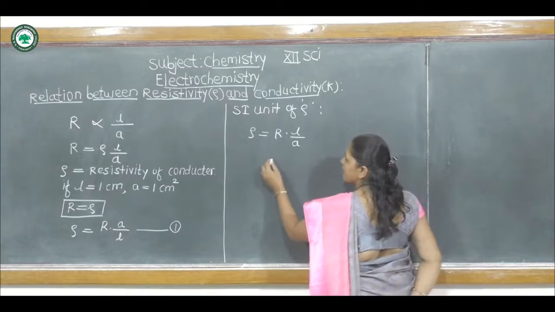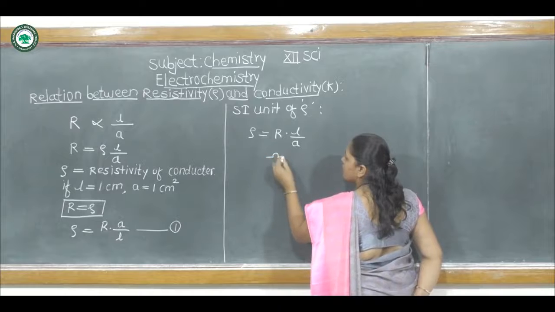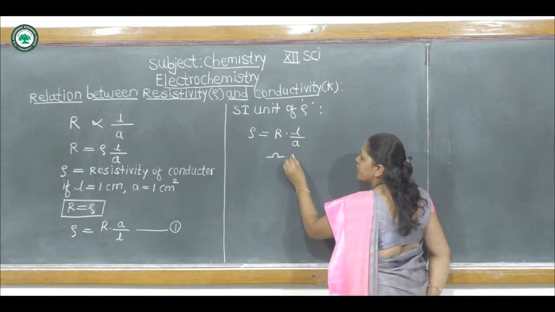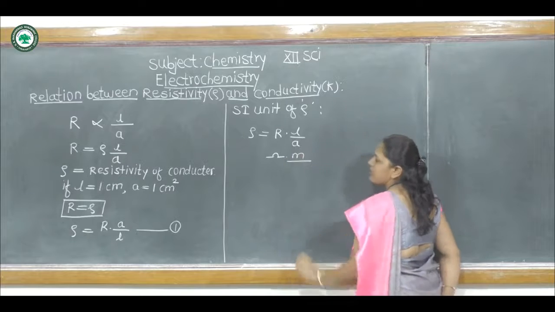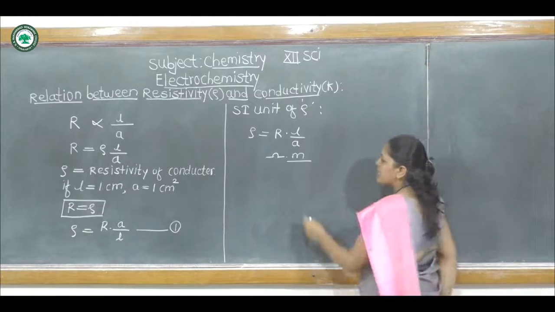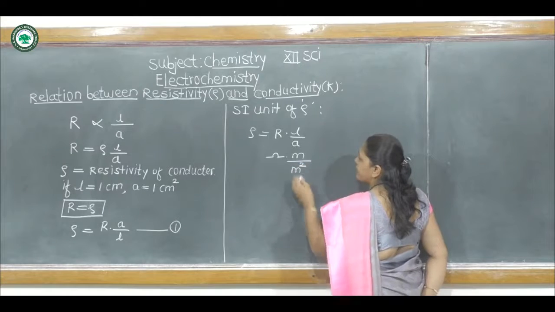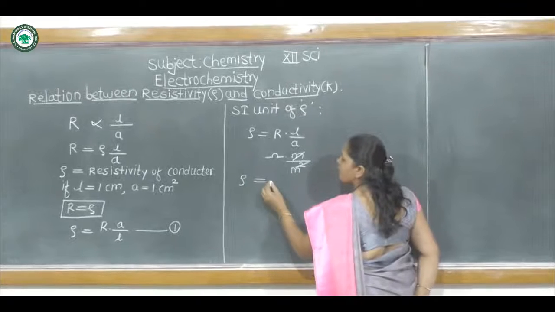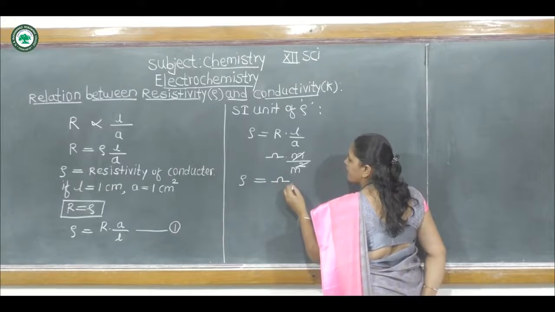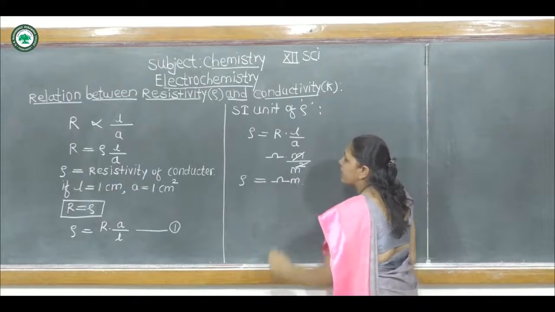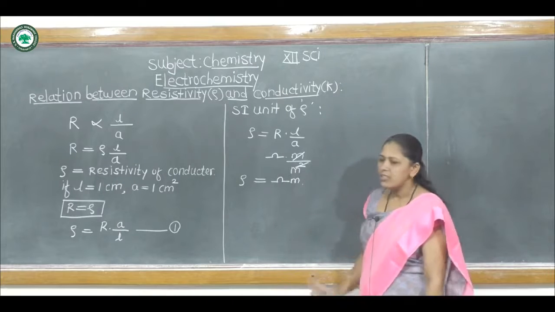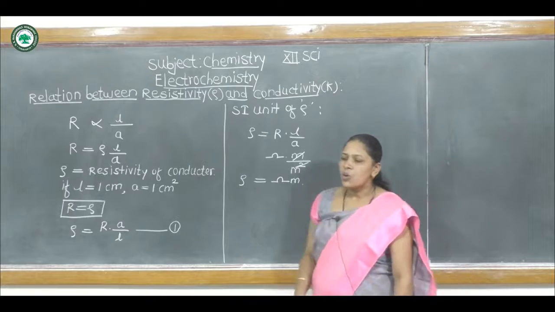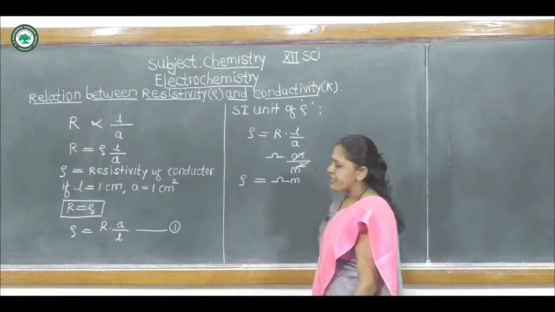Unit of resistance is ohm. Then SI unit of length is meter divided by SI unit of area, which is meter square. One meter gets cancelled and the unit of rho is ohm meter. This is the unit of resistivity rho.